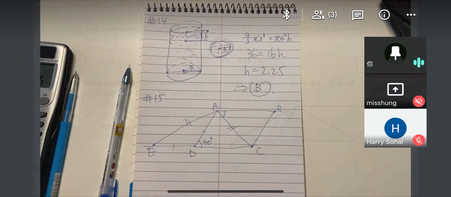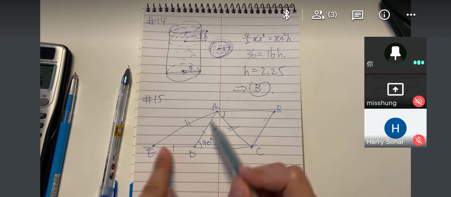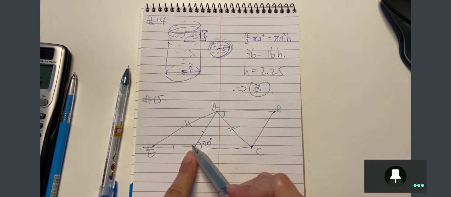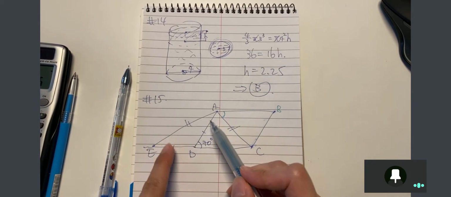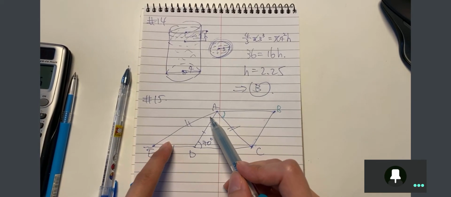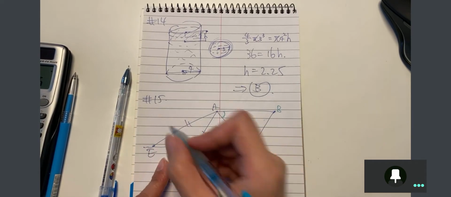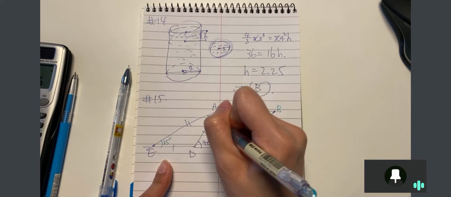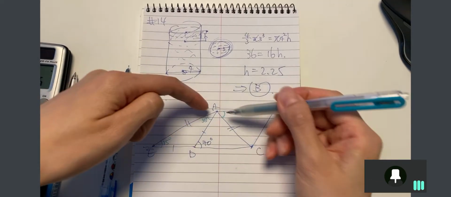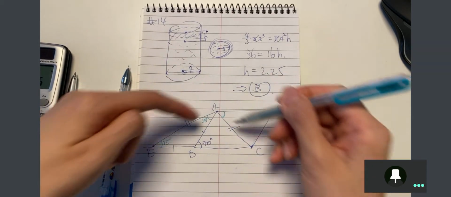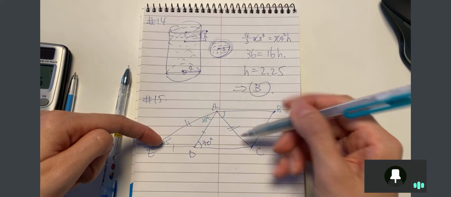So I drew it out already. It is an isosceles triangle. The exterior angle is outside here, so these two angles sum up to 70. That means they are 35 each. This one is also an isosceles triangle, so this is 35, and this one is also 35.